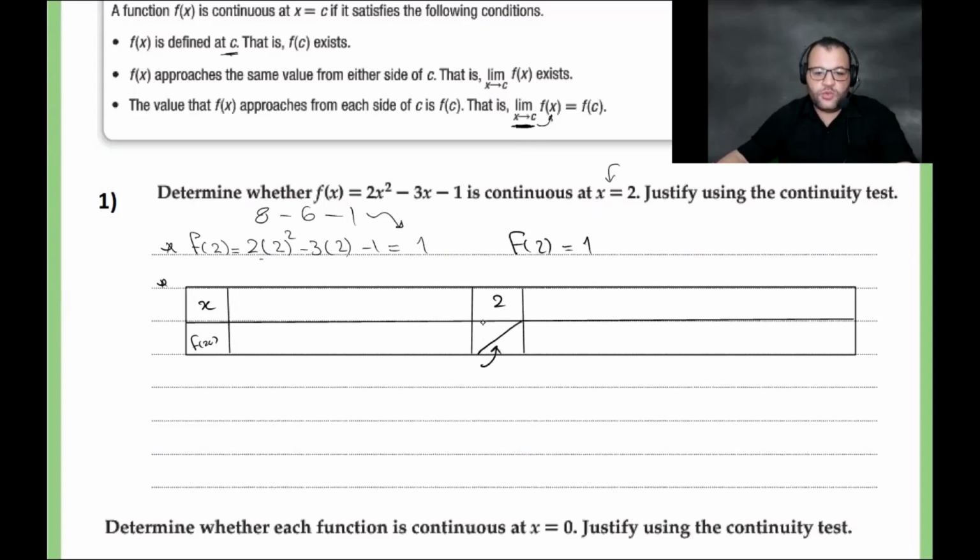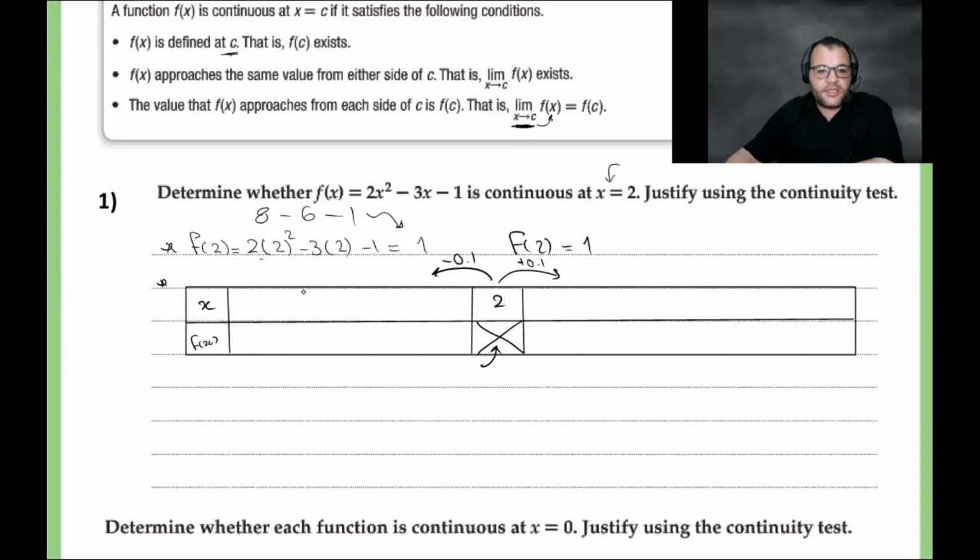So how can we find one value before and one value after? If you need to find the value before, just subtract 0.1. If you need to find the value after, add 0.1. Any problem for this one? Just subtract 0.1 and add 0.1.